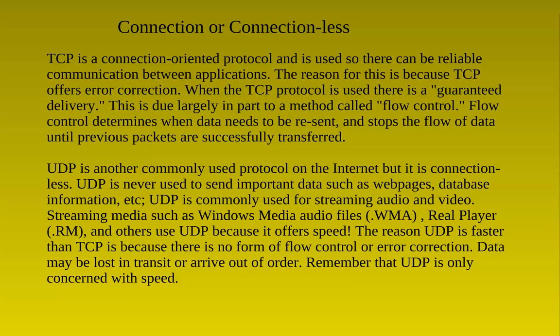Note the emphasis upon the word applications. Now, the reason that it's reliable is because it offers error correction. So when you're using TCP, you have a guaranteed delivery mechanism in place. That is primarily due to something we call flow control, which determines when data needs to start and stop and when it has to be reset if it doesn't actually arrive.